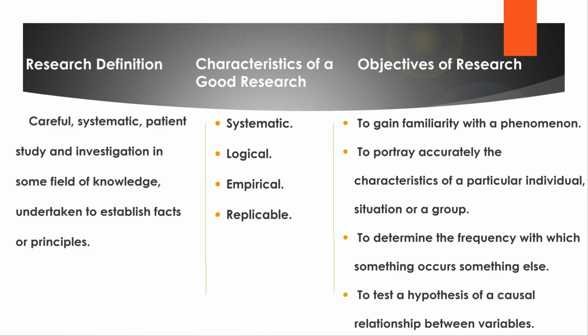Then ending with highlighting the objectives of research that are summarized as follows. To gain familiarity with a phenomenon, to portray accurately the characteristics of a particular individual, situation, or a group, to determine the frequency with which something occurs, and to test a hypothesis of a causal relationship between variables.